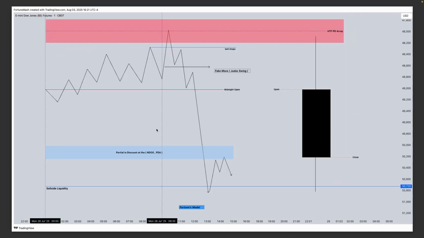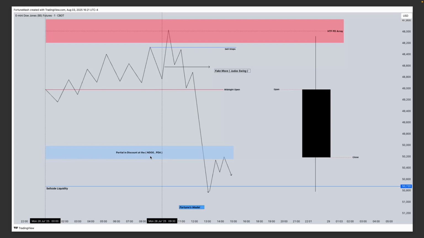So now we are moving to the bearish scenario. Remember what I said? The same logic applies in bearish scenarios, just inverted. So we want to see price run away from the open, going higher into the opening bell, reacting on a higher time frame PDRA, leading people to the wrong side, forming what? The Judas swing, a deceptive move, then continuing lower, taking partials at the discount PDRA because now we are bearish.